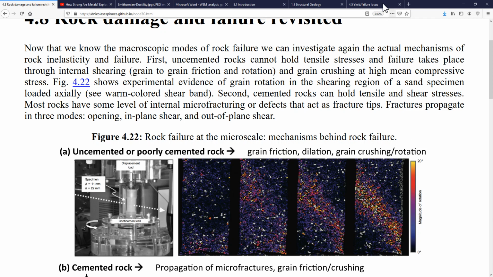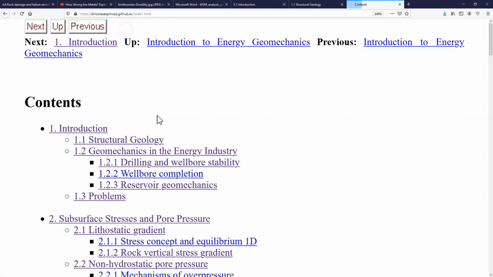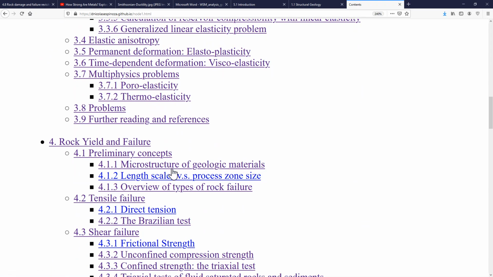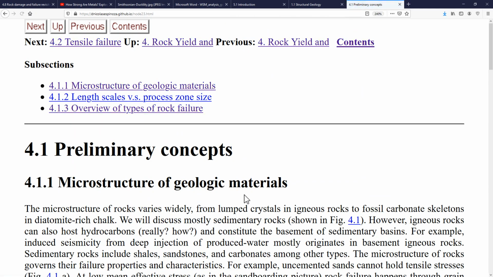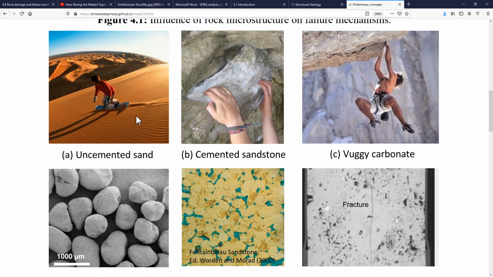And this is the case, for example, let me come back over here and go to the first topic that we saw. And this is the example of the sand dunes, in which when this material fails, it fails by displacement of the grains and sliding of the grains and rotation of the grains at the zone of failure.